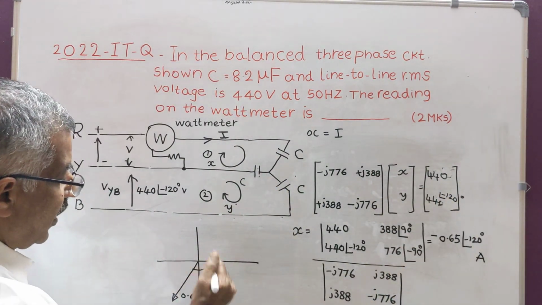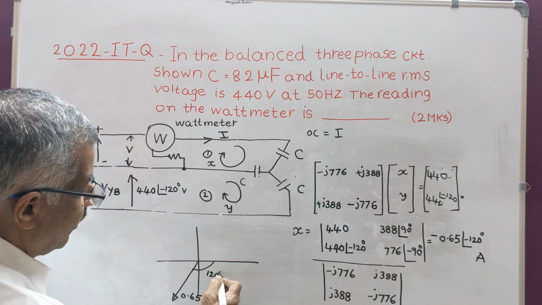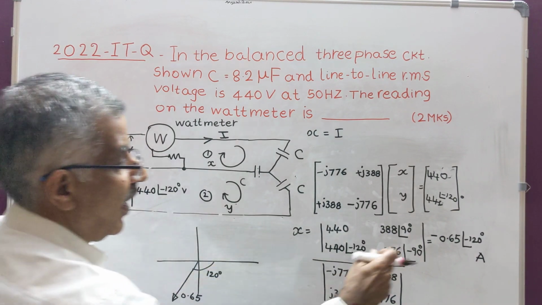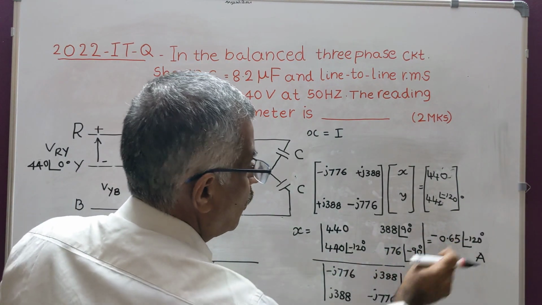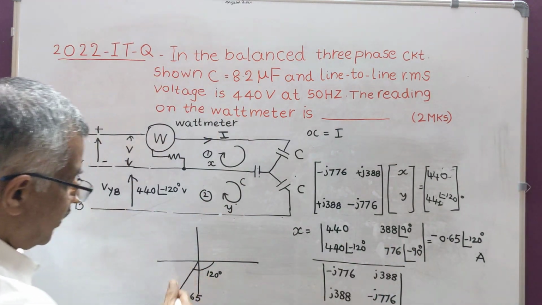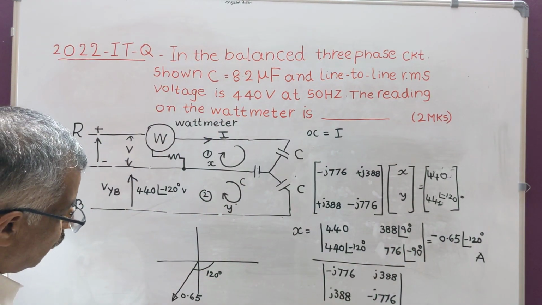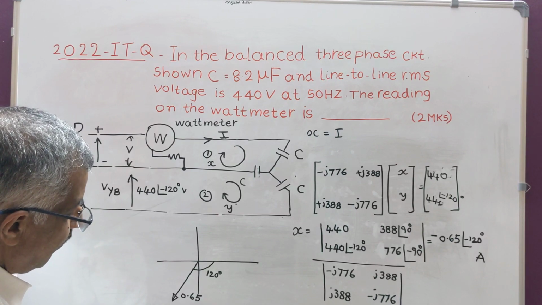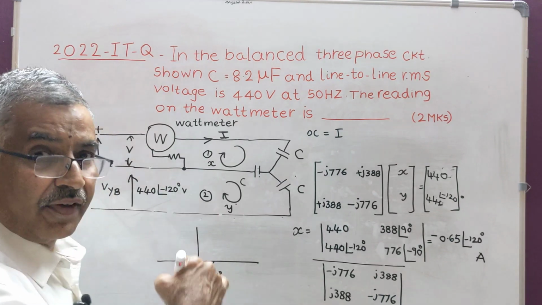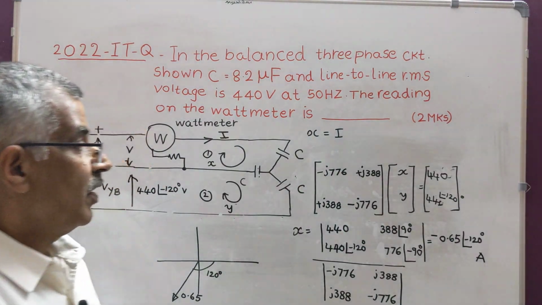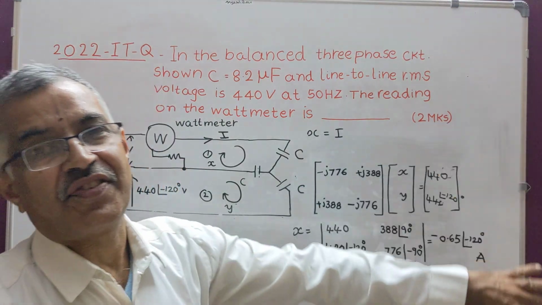So in the clockwise direction, measure 120 degrees. This is the phase and this is the magnitude. Now I am sketching 0.65 angle minus 120 degrees.